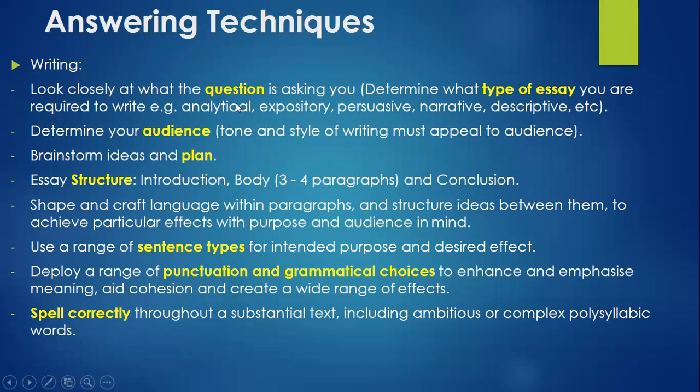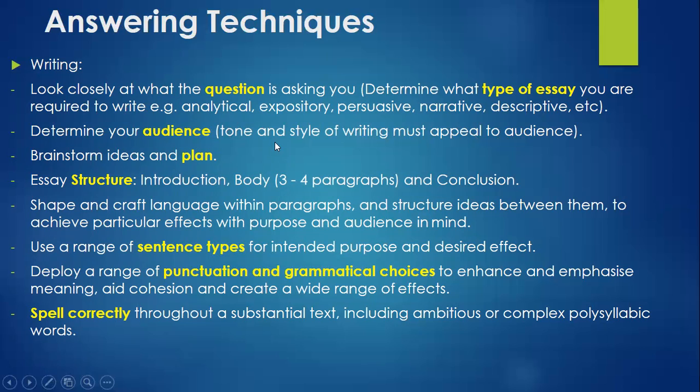Once you've determined what type of essay you are supposed to write, next you need to determine your audience. This is crucial because then you can get your tone and style of writing that appeals to your audience. For example, let's say in your paper 1, you are asked to write an article for your school magazine.